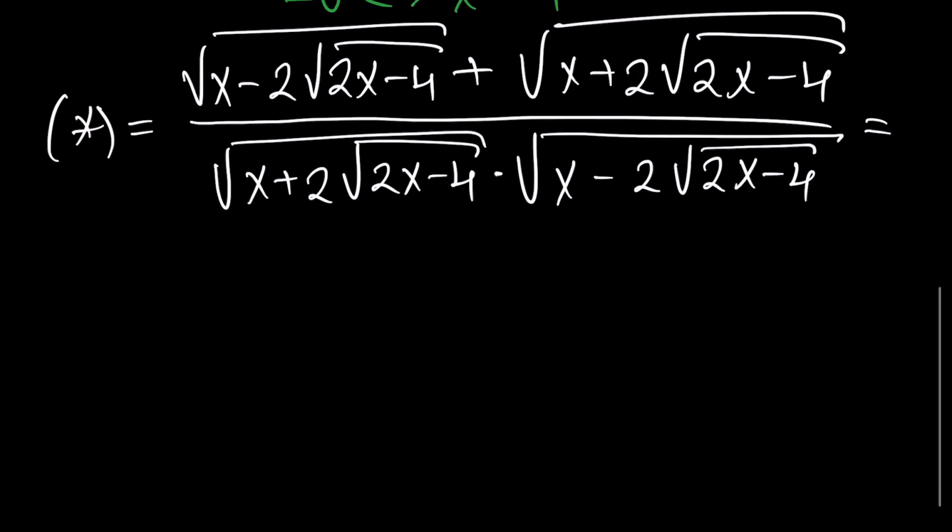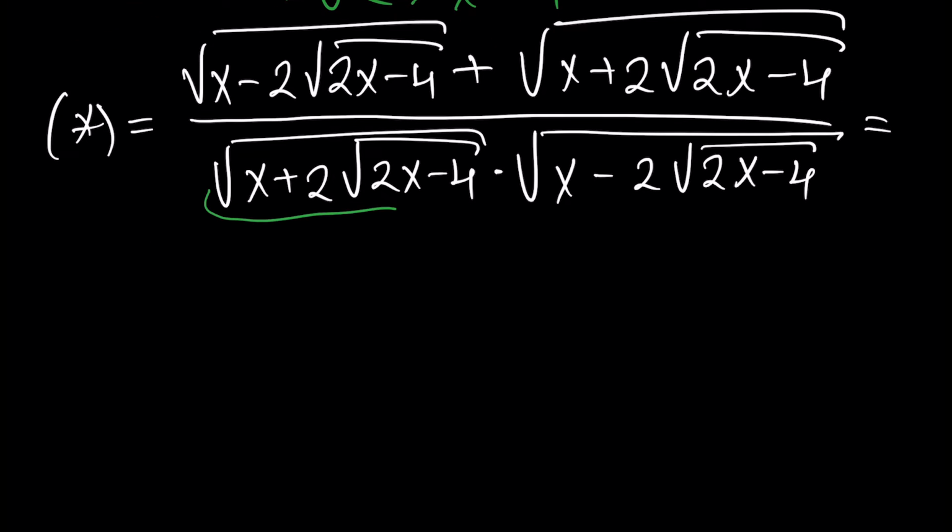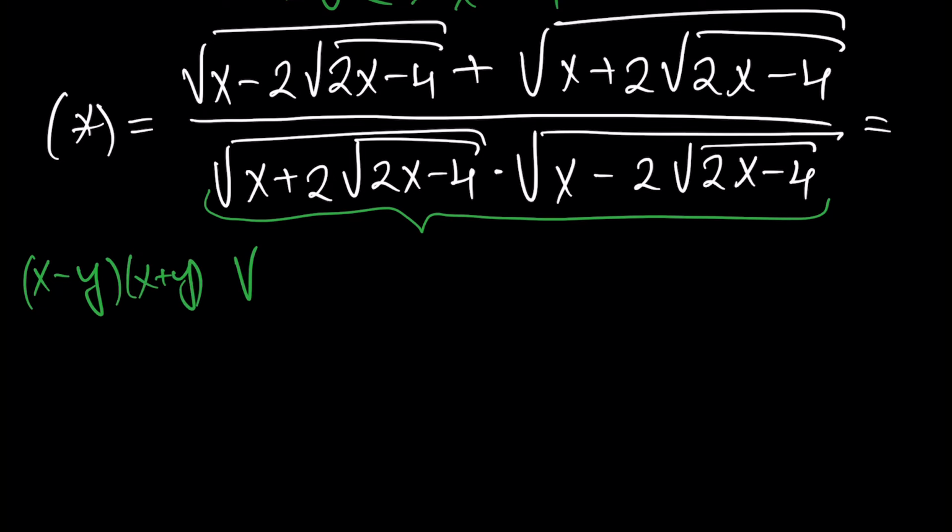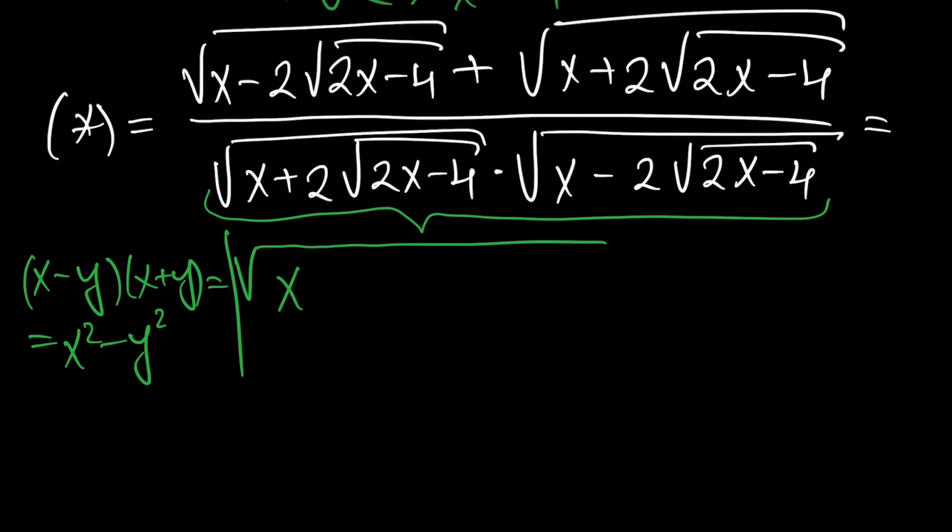Next, obviously, this denominator will be equal to, using the formula x minus y times x plus y, which is equal to x squared minus y squared, the square root of x squared minus 4 times 2x minus 4.